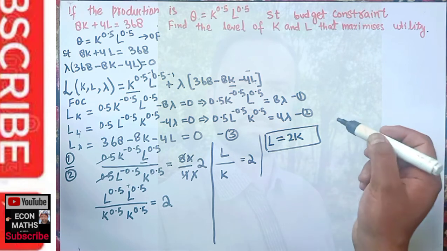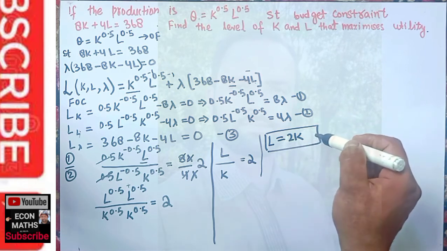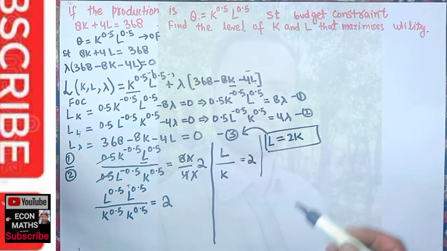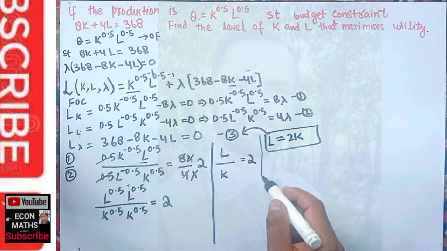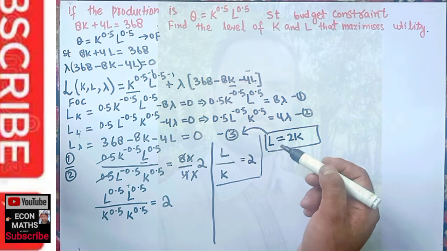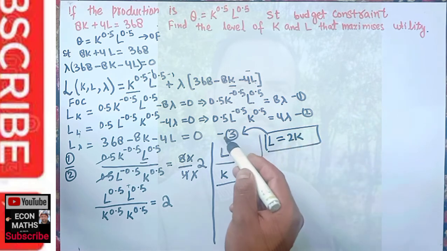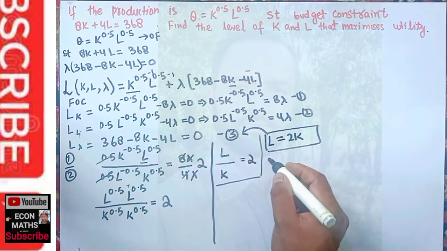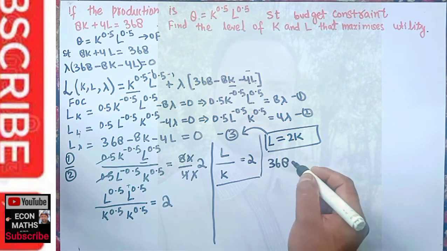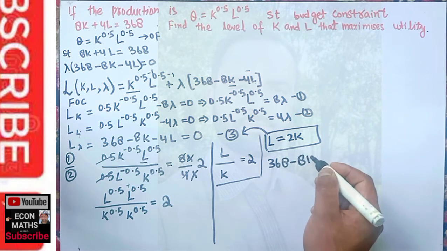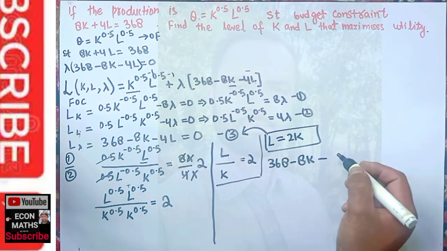So we put L is equal to 2k in this very equation, the last equation, to get the value of k or L, whatever we will get. So we are left with 368 minus 8k minus 4.